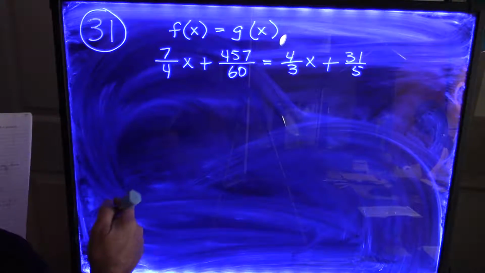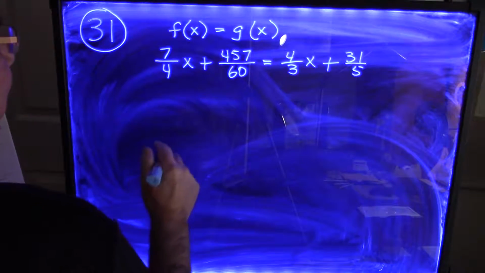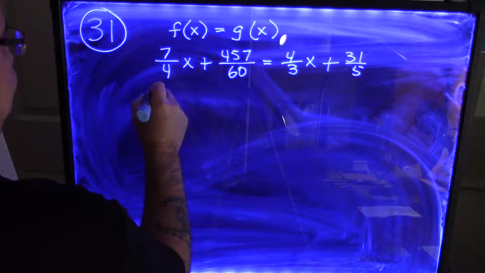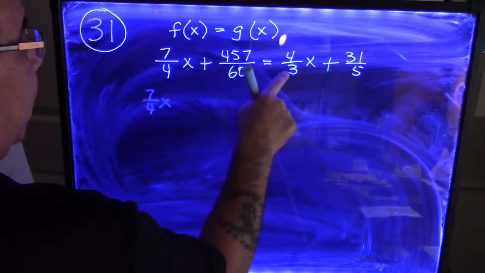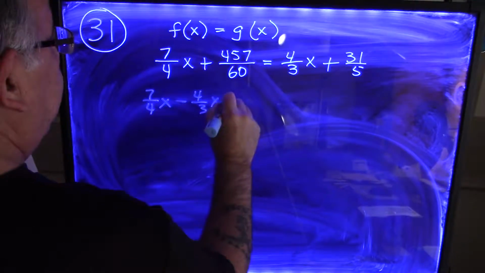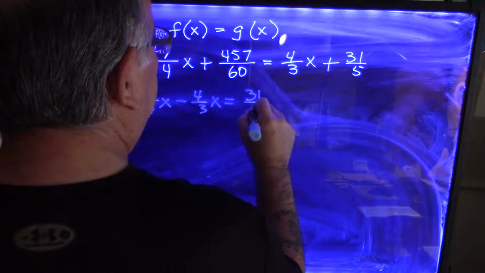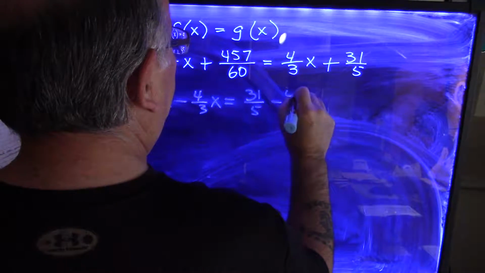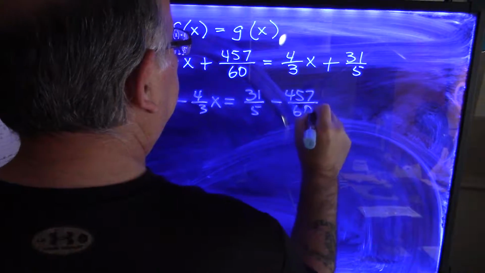So I'm going to move the x's together and get these constants on the other side. So I've got 7/4 x minus 4/3 x equals 31/5 minus 457 over 60. Alright.